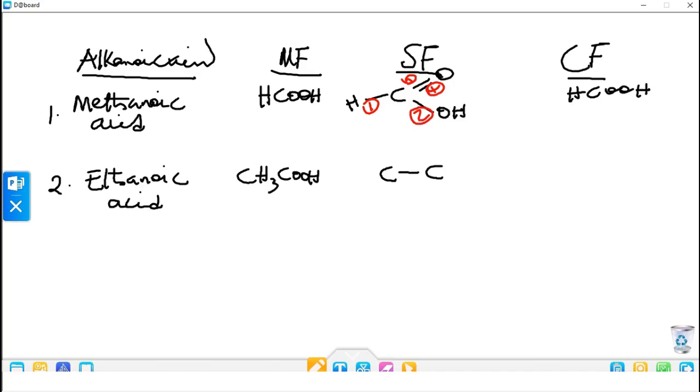So we have C, and here we have the 3 hydrogens attached to the carbon. Now we have a double bond to oxygen and OH. This is how to write the structural formula for ethanoic acid. And the condensed formula is the same, CH3COOH.